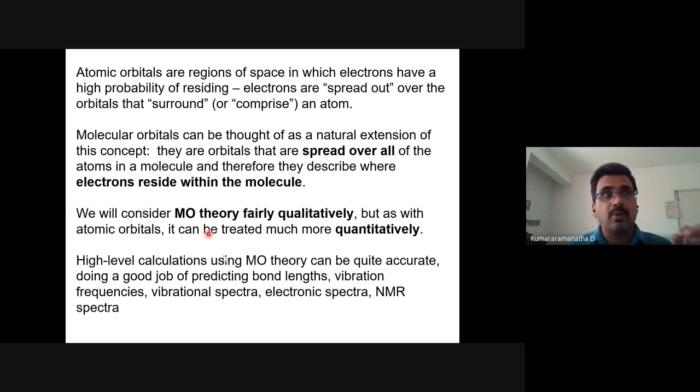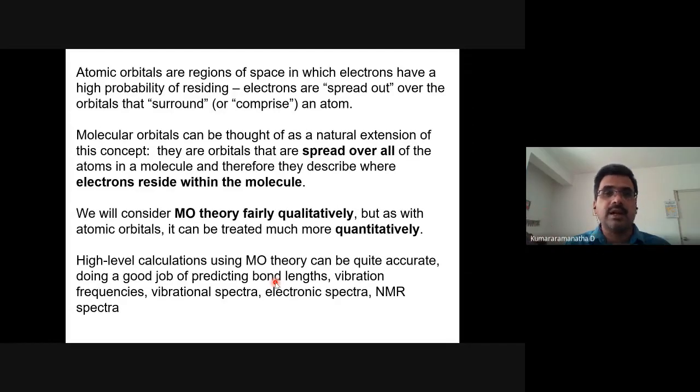A very important reason to learn this is that using MO theory you can predict the structure, and whatever structure you predict will resemble what is observed from various spectroscopic techniques.